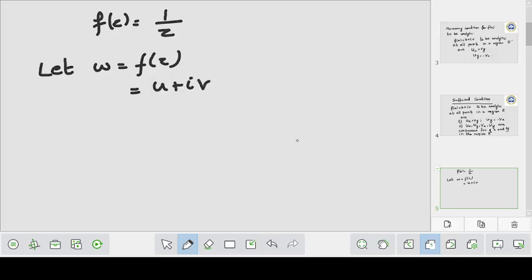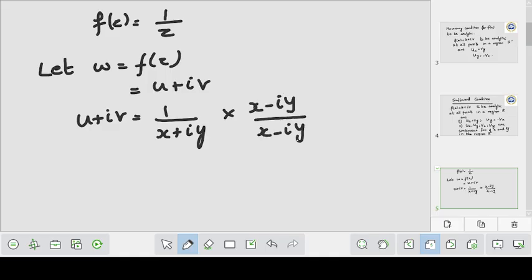So u plus iv equal to 1 by x plus iy. Now multiply and divide by the conjugate. So here your w is u plus iv and z is equal to x plus iy. Clear? So multiply and divide by the conjugate.